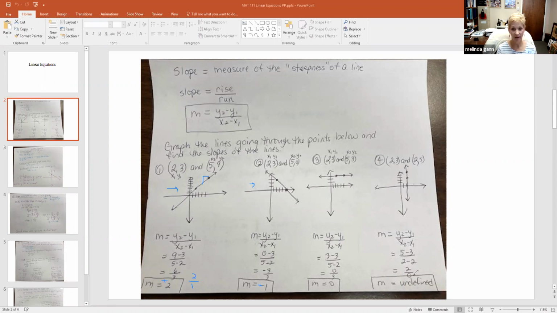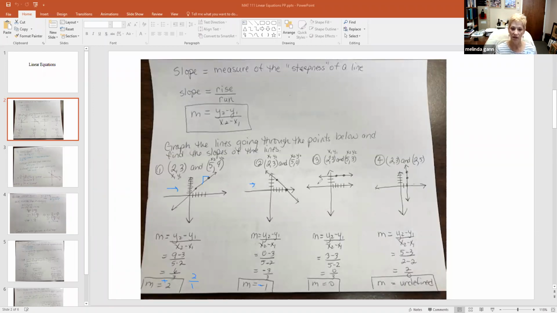Now remember, you can't divide by 0. So 2 divided by 0 is undefined, and that's what I want you to write: undefined. Don't write no slope. Some texts do that, and I think that's confusing because some people get that confused with 0. Because that means that it is so steep, there's not a number to tell you how steep it is.